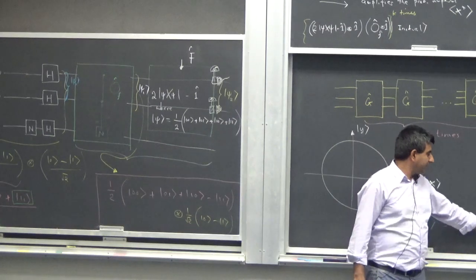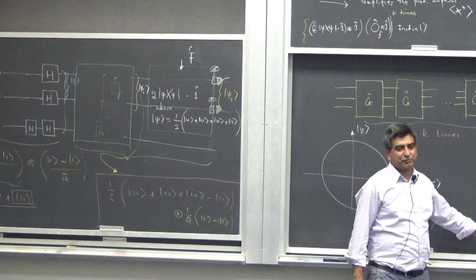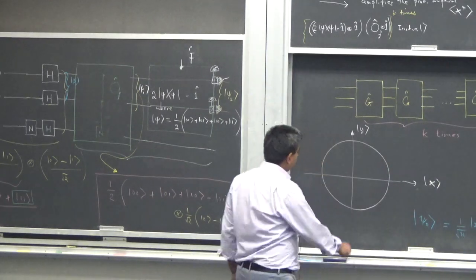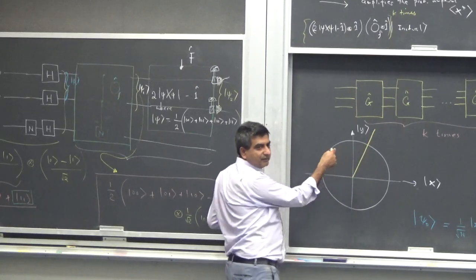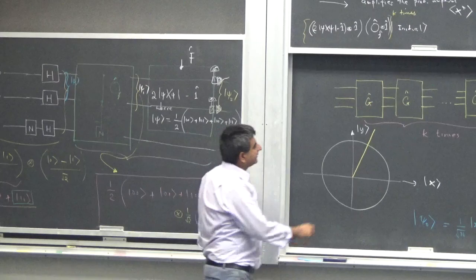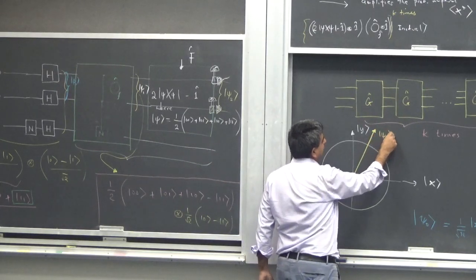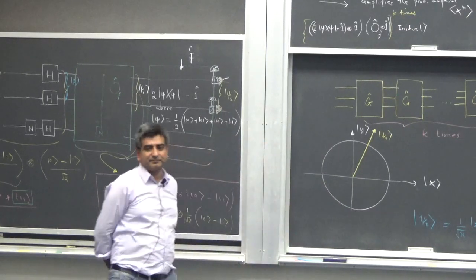This is 3 over 4. Right? Square root 3 over 4. So under root 3 over 2. So I think this will be 60 degrees, this will be 30 degrees. So this is where the state psi naught lies on this geometrical interpretation.